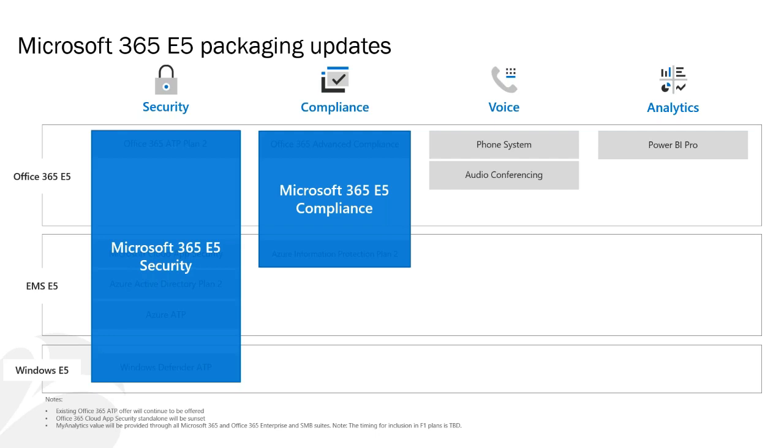You'll get MyAnalytics now as part of that suite. So if you have E1 or E3, you'll get MyAnalytics as part of that. And if you're already using these components, you might see it's already in your tenants, so you can start leveraging MyAnalytics straight away.